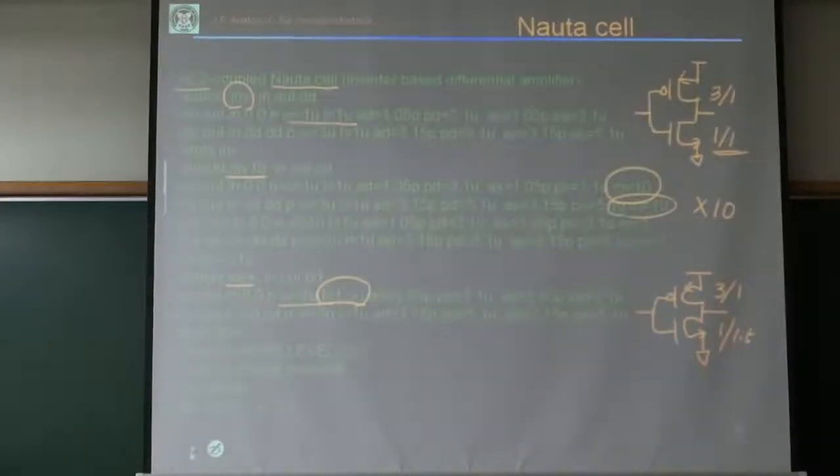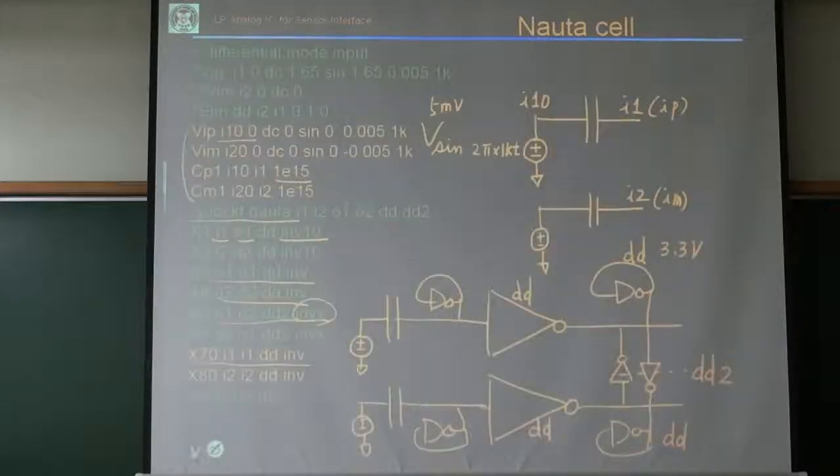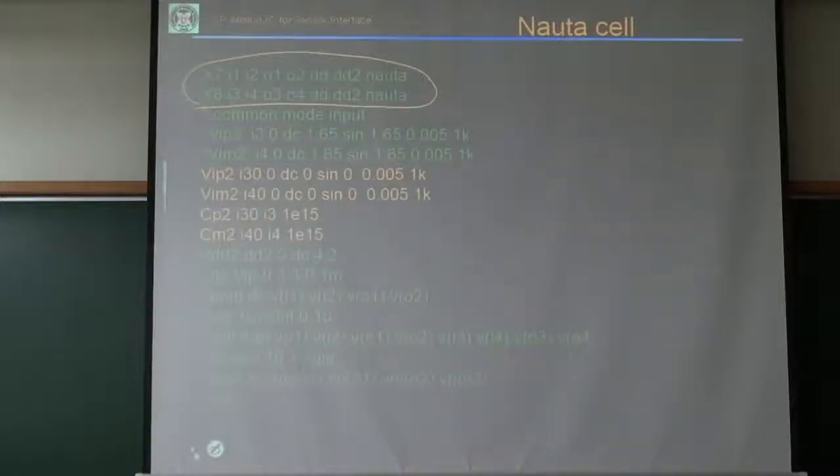Sub-circuit. Where is my differential mode nota cell? Oh, somehow I didn't call it yet. Okay, let's check the code. So here, yeah, this is the one. Where is the other nota cell for this coupling?